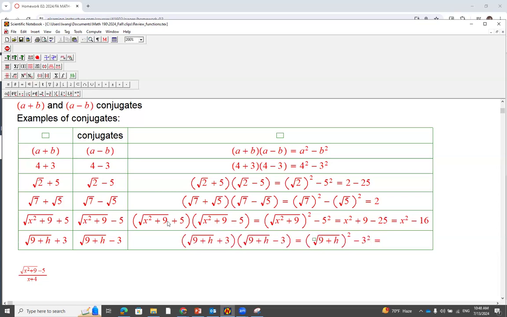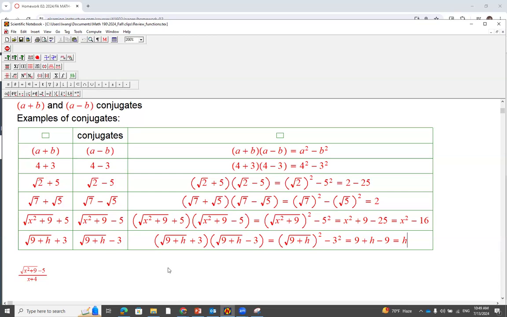That gives us 9 plus h, and subtract 9. And in the end, we get h. So these are the examples of how conjugates work.